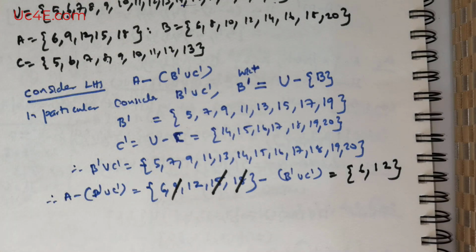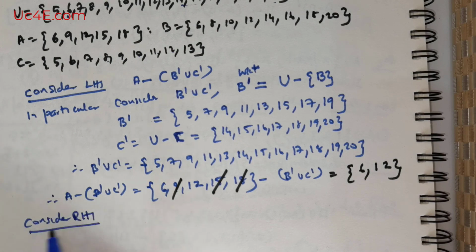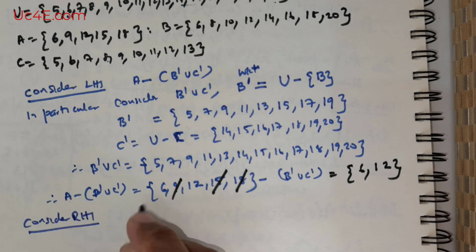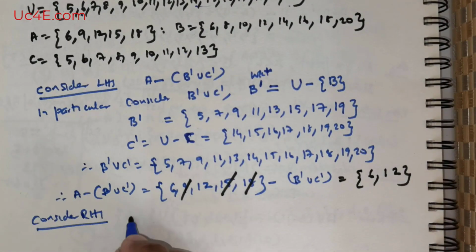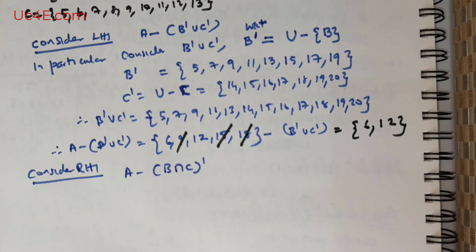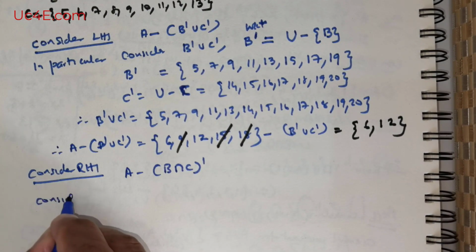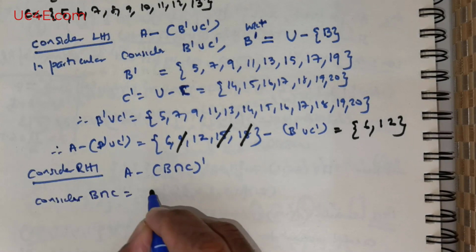So now let me go up and consider the right hand side. So what we got on the right hand side? Right hand side is A difference of B intersection C complement. So in particular consider B intersection C. So what is my B?